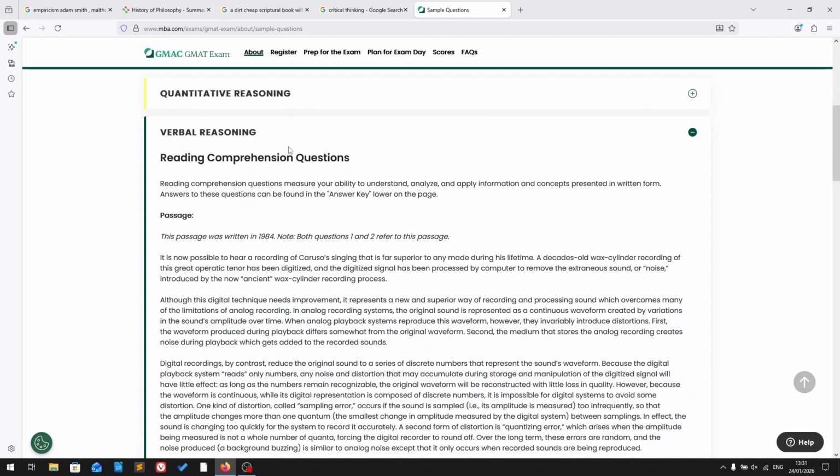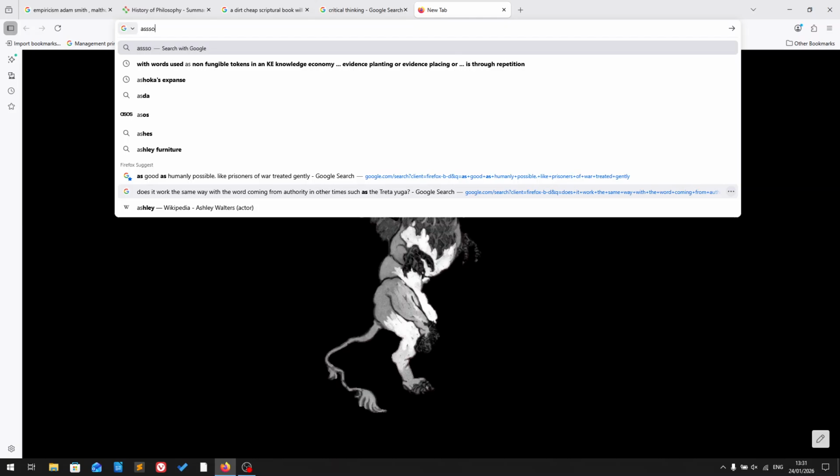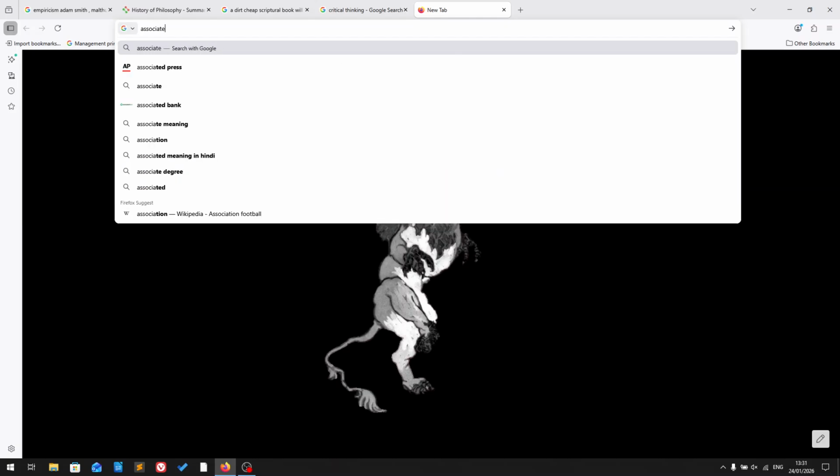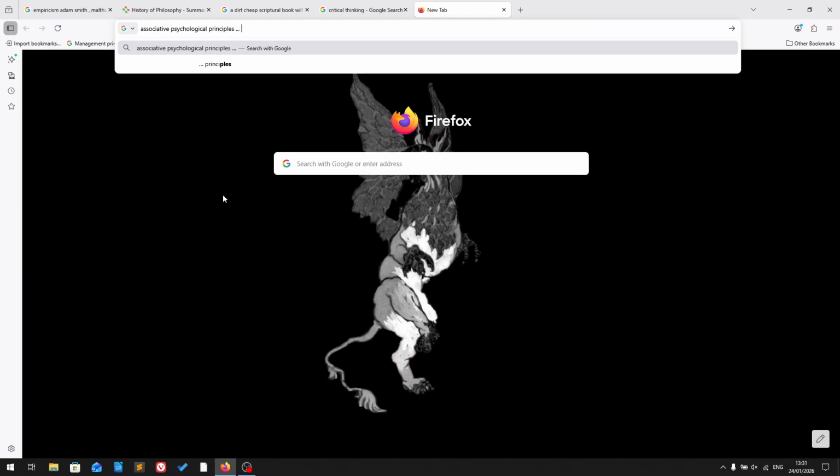Okay, reading comprehension. Reading comprehension is, of course, tailor-made for those particular domains and disciplines, but critical thinking, again, involves associative psychological principles. How should I put it?